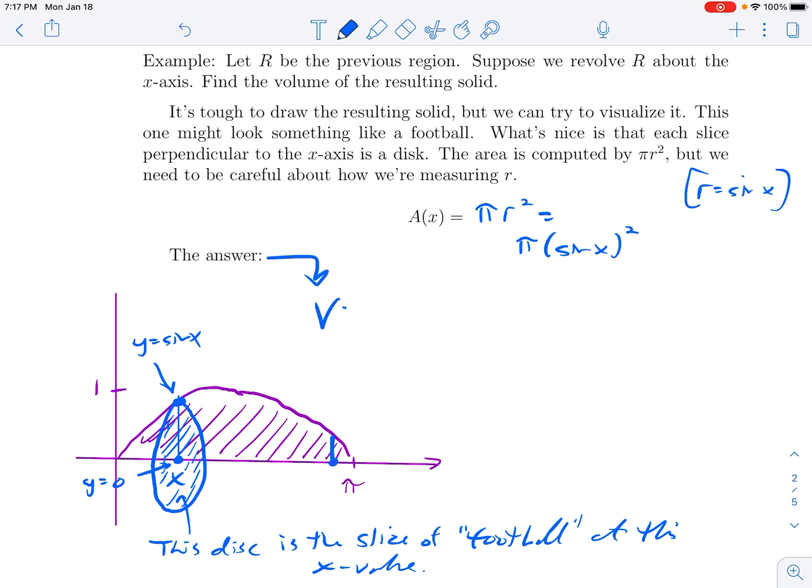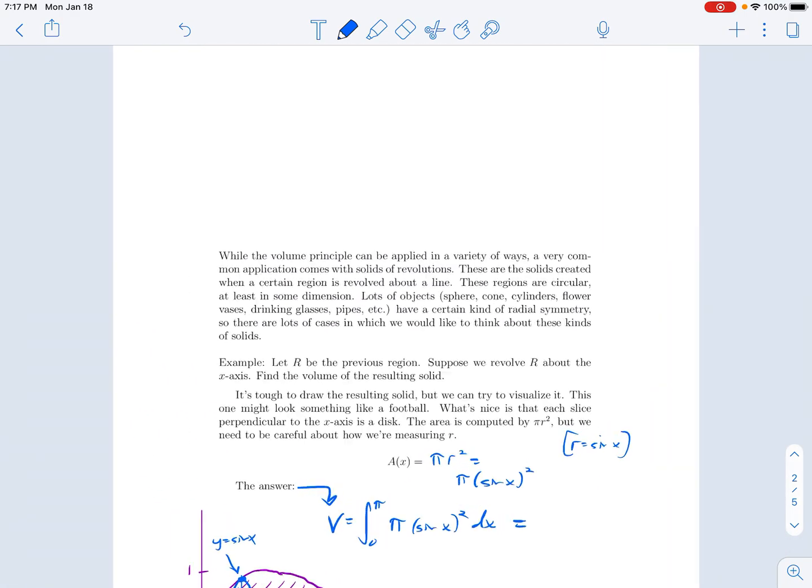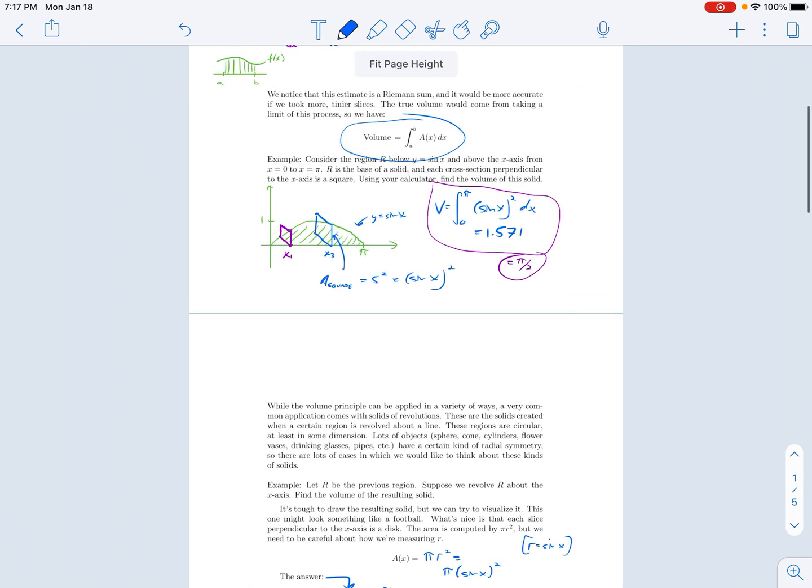So what would our volume be? It's a definite integral. This thing starts at x equals 0 and ends at pi. And the area of each slice is pi times sine of x squared. And you could put that in your calculator, or you could notice that it's the integral we did before, but multiplied by pi.